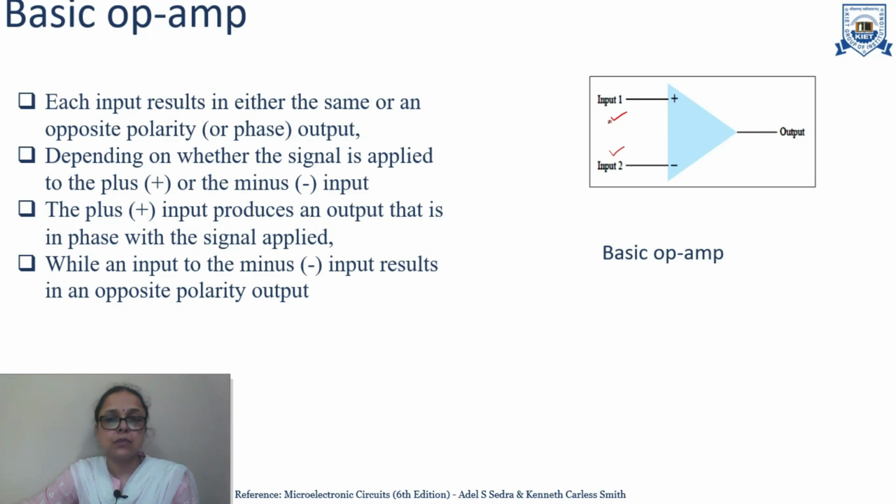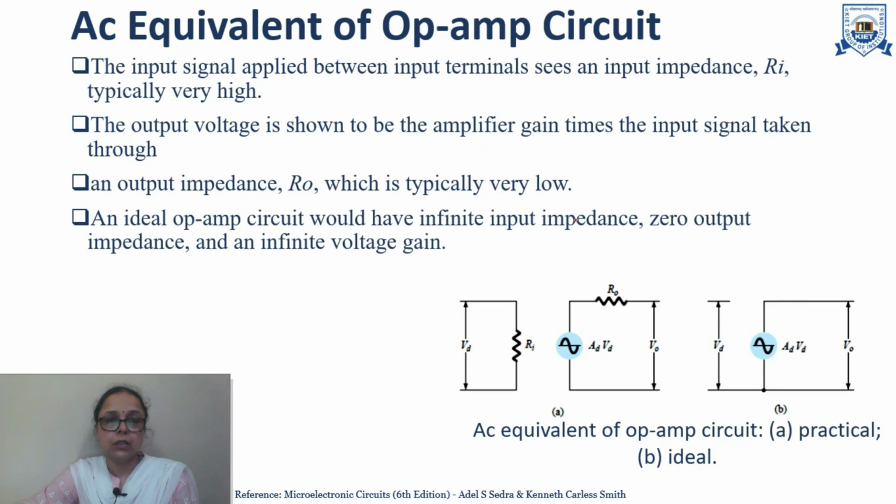So these inputs have their own significance, the positive terminal has its own significance and the negative its own. Now coming to the AC equivalent of the op-amp circuit, the block diagram of the op-amp can be replaced by this equivalent circuit.